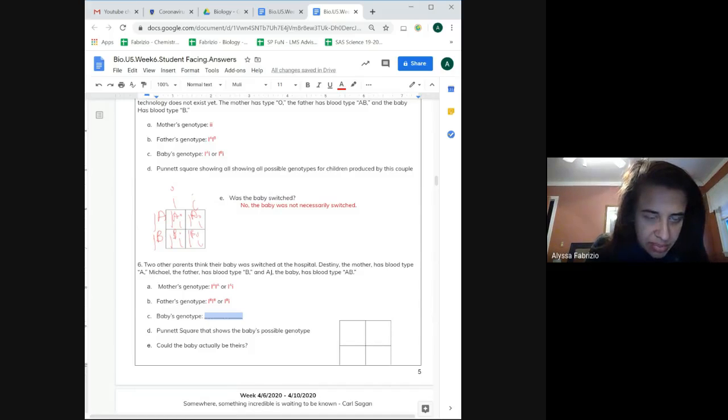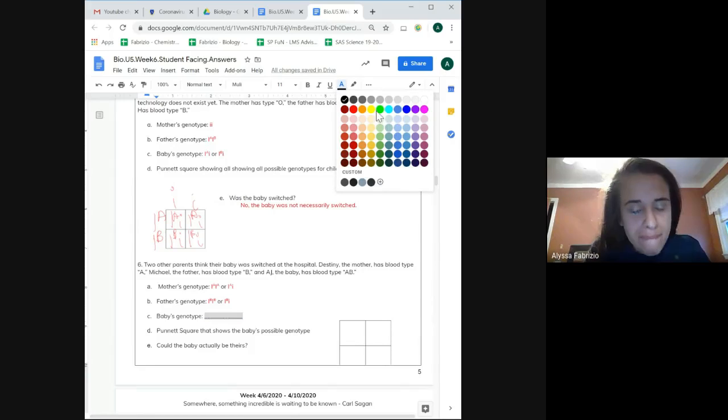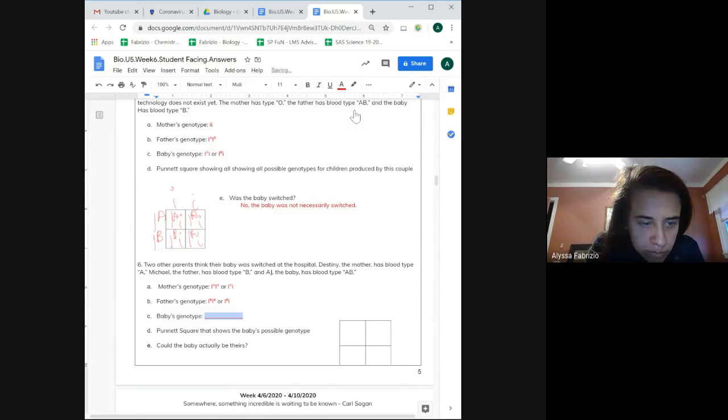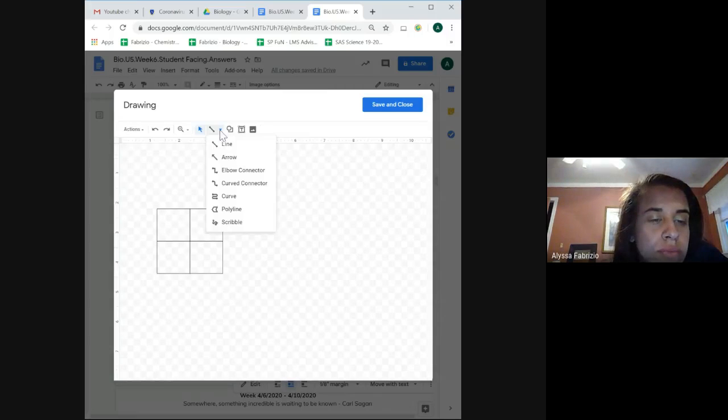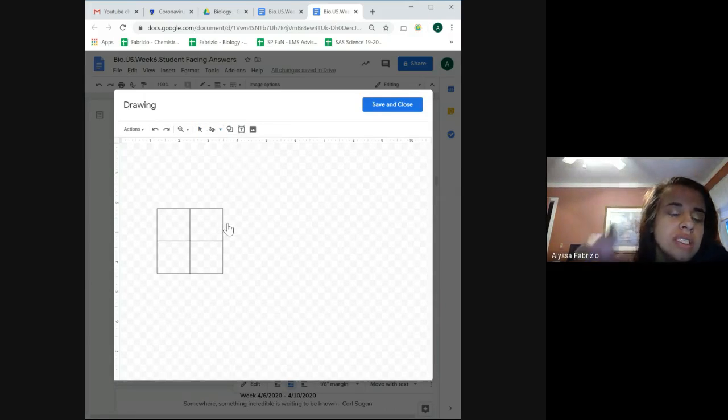Okay, and so the baby has type AB blood. The baby must have this blood type. So now let's show the potential cross.